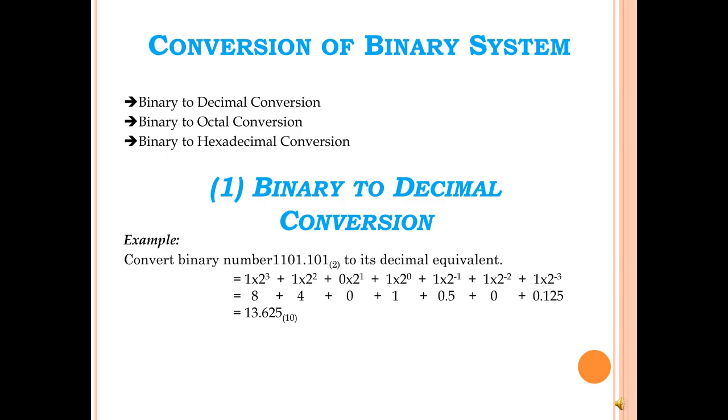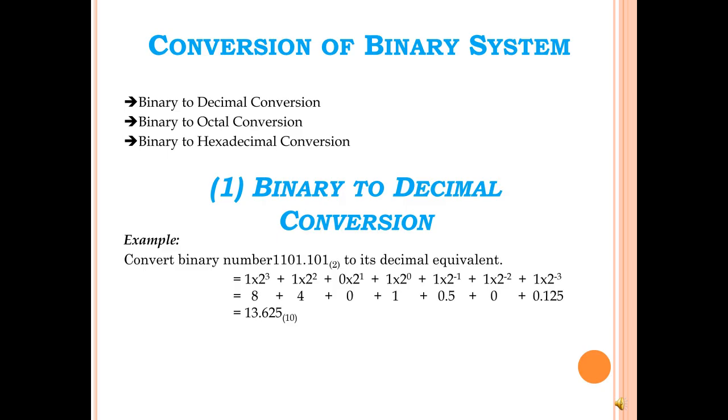So the valuation will be 1 multiplied 2 to the power 3 plus 1 multiplied 2 to the power 2 plus 0 multiplied 2 to the power 1 plus 1 multiplied 2 to the power 0 plus 1 multiplied 2 to the power minus 1 plus 1 multiplied 2 to the power minus 2 plus 1 multiplied 2 to the power minus 3.